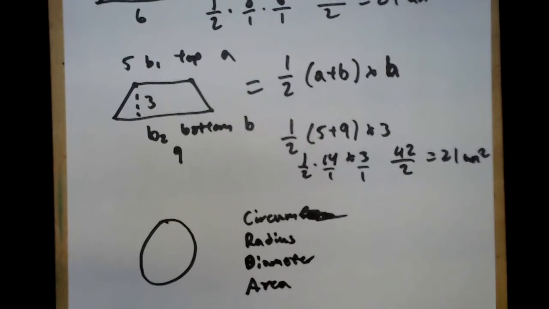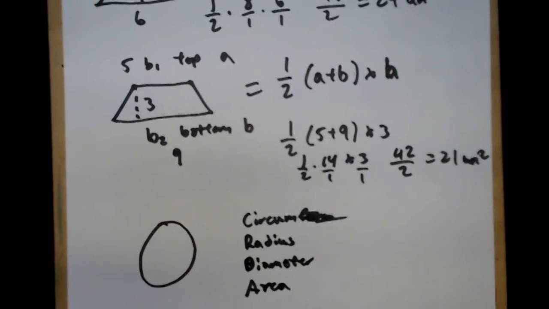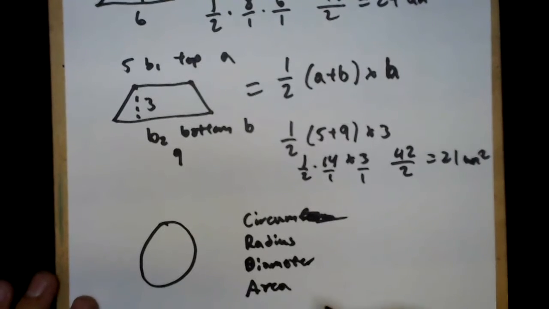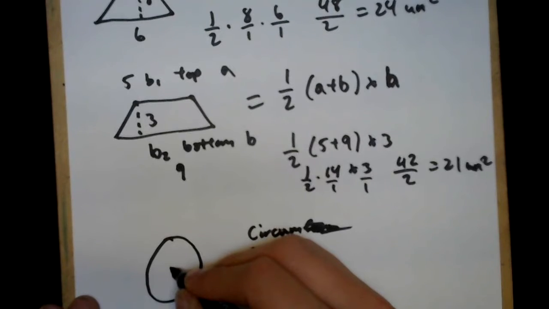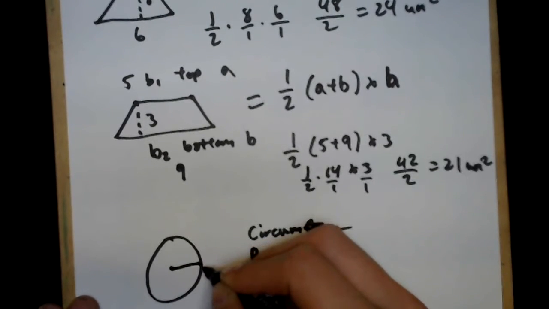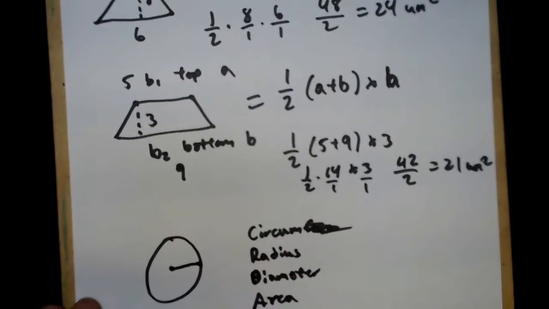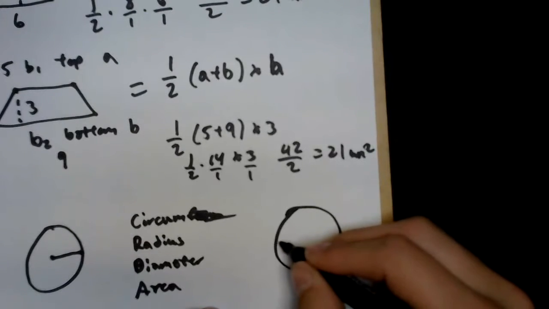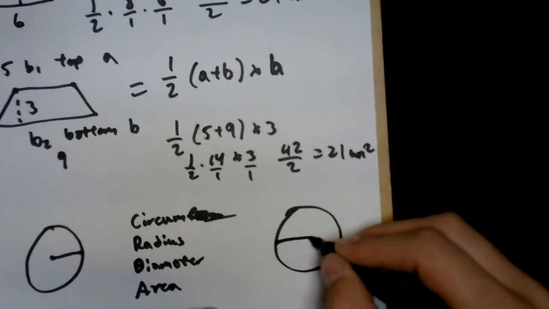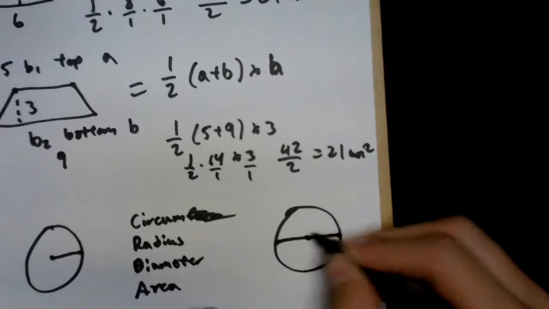Alright. We'll go over each one. We'll start with the radius. Radius is basically from the center to the outside point of a circle. So the inside of the circle to the outside. The diameter, which I'll put on a different circle so it's easier to see, is from one side of the circle to the other side through the center.